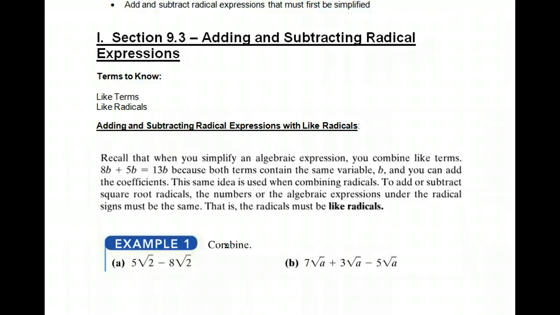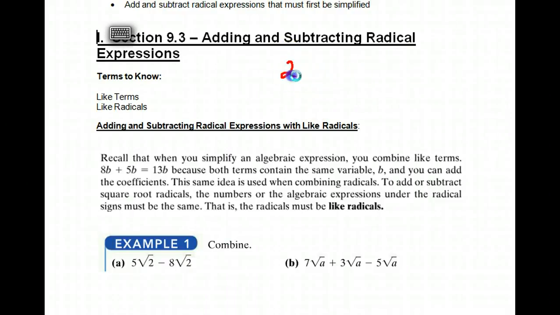We're not worried about their coefficients at this point. We're just worried about their variables and the exponents that belong to those variables. As long as they are identical, that is what makes them a like term.